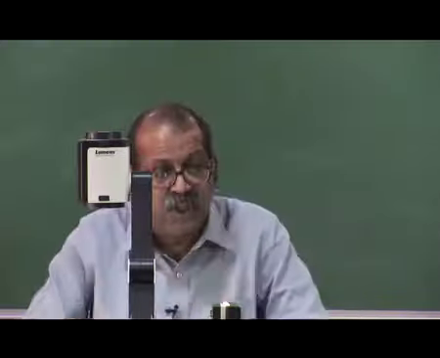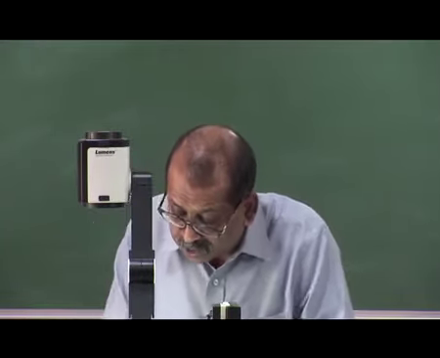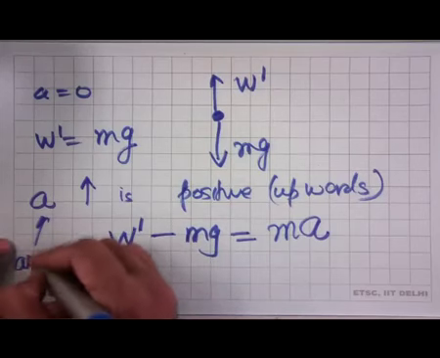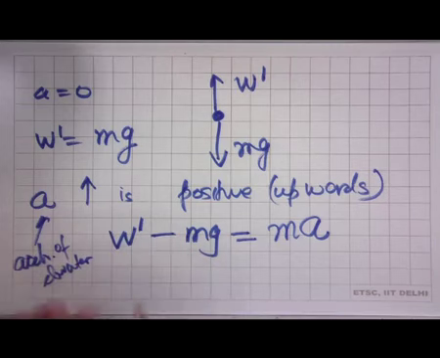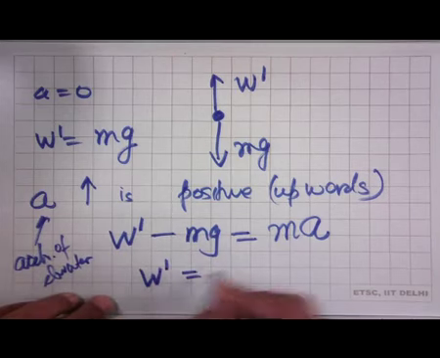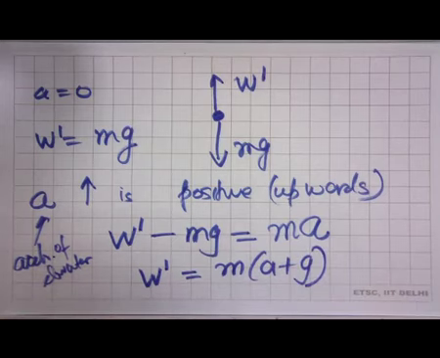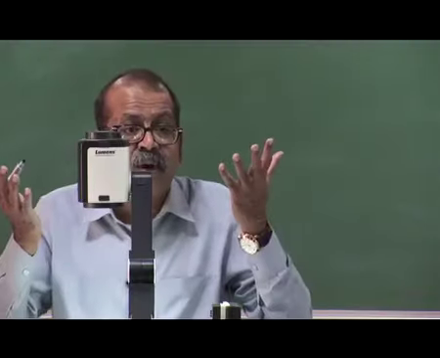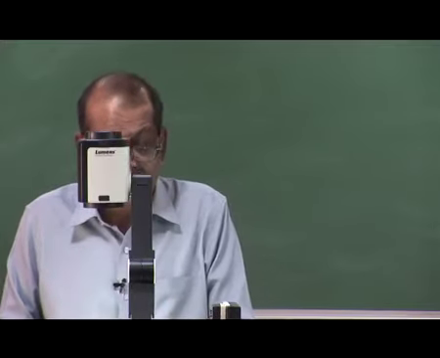The person is at rest with respect to the elevator, but since the elevator is moving up, this acceleration is the acceleration of the elevator. So, what we get is W prime is equal to m times (a plus g). So, if the elevator is accelerating upwards, it looks as if the person has got some extra weight.